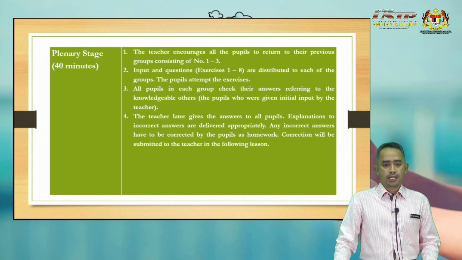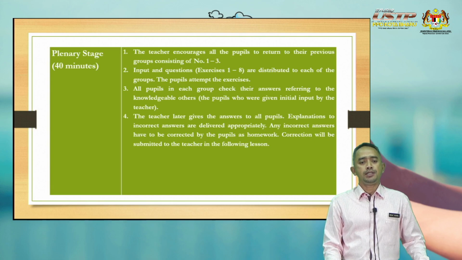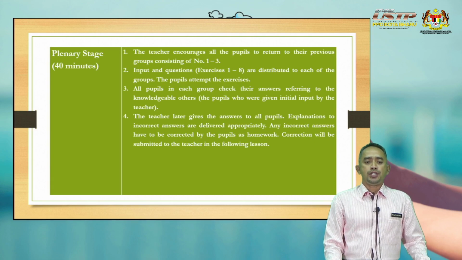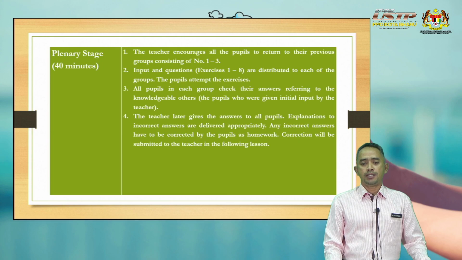Okay. Okay. Plenary stage takes about 40 minutes. Okay, number 1, the teacher encouraged all the pupils to return to their previous group consisting of number 1 to 3. Okay, number 2, input and questions, exercises 1 to 8 are distributed to each of the groups.